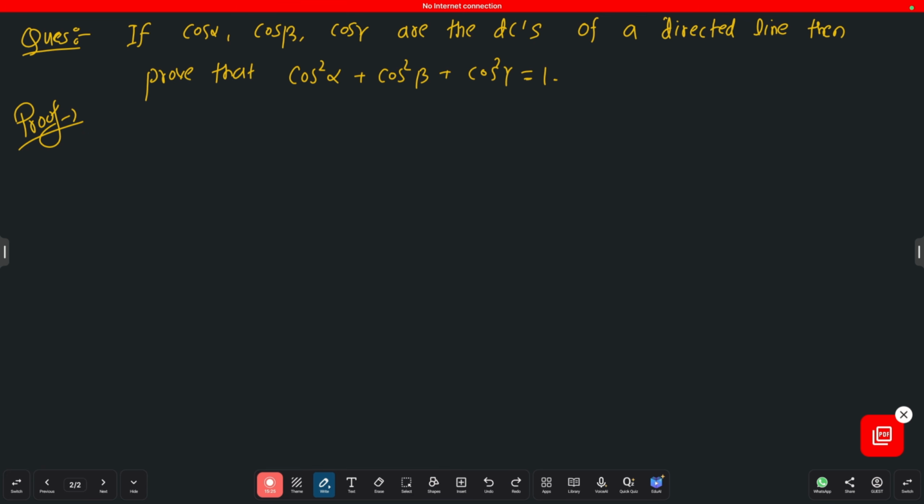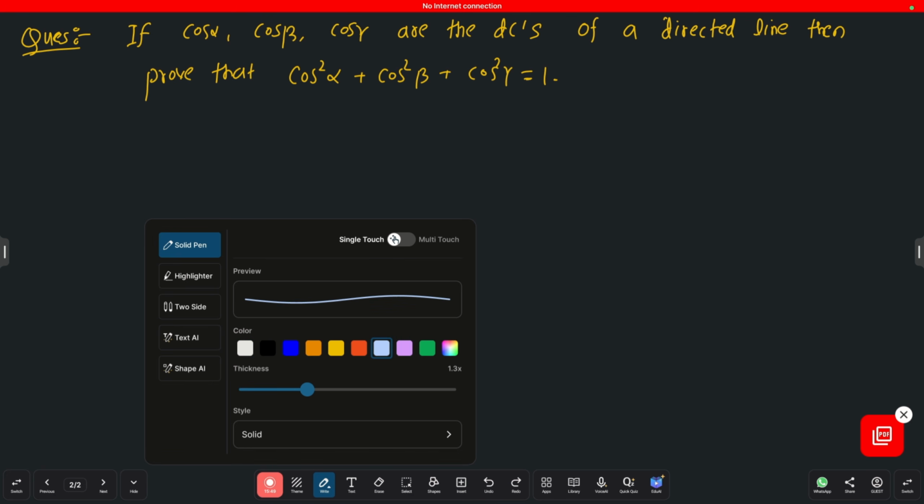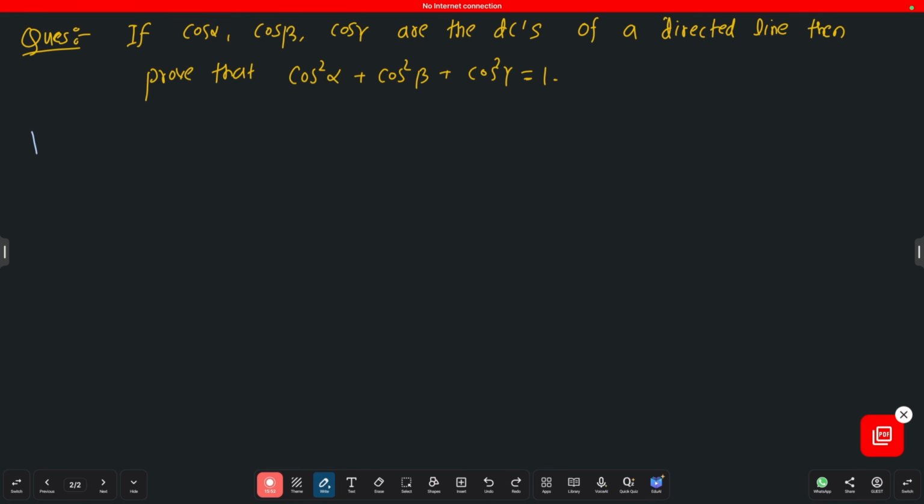And to prove this question, you should know the knowledge of projection vector. What is projection vector? So before proving, let me again revise projection of vector A on vector B. See, projection means simply shadow of a vector.